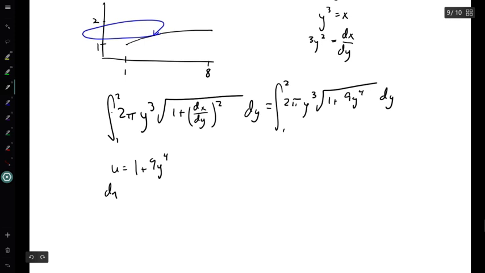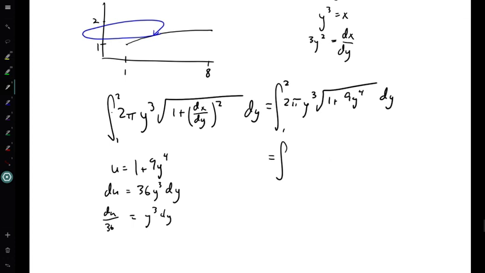So in this case, du is going to work out to be 36y cubed dy, which is to say that du over 36 equals y cubed dy. So I've got this y cubed dy in my integral there, and so I can replace things.